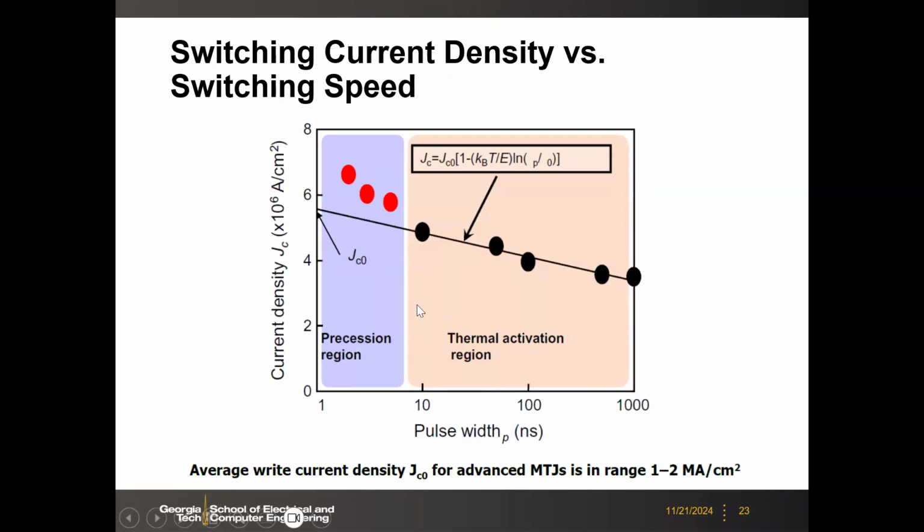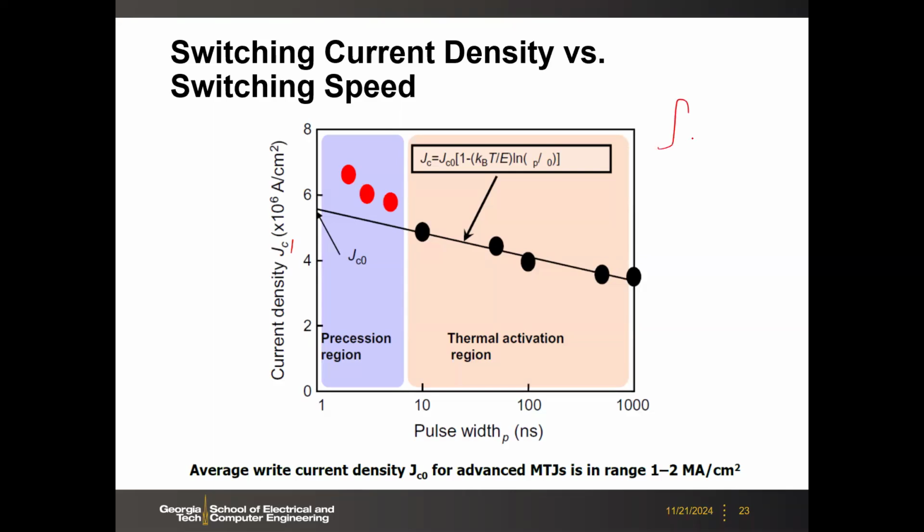So this is why the precession versus thermal matter. Okay. So here, if you measure the STT-MRAM, you'll get this kind of relationship. Depending on the current pulse width, the critical current JC to trigger the switching will change as a function of the pulse width.